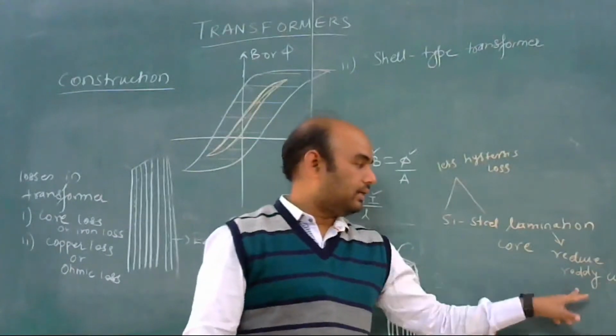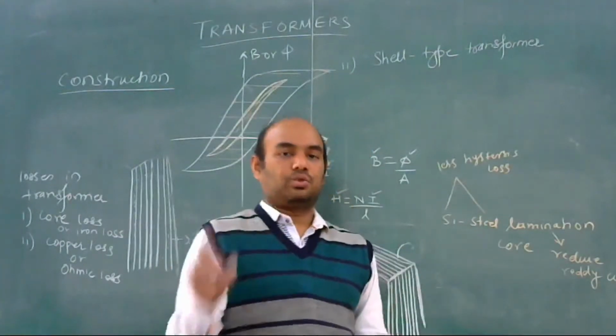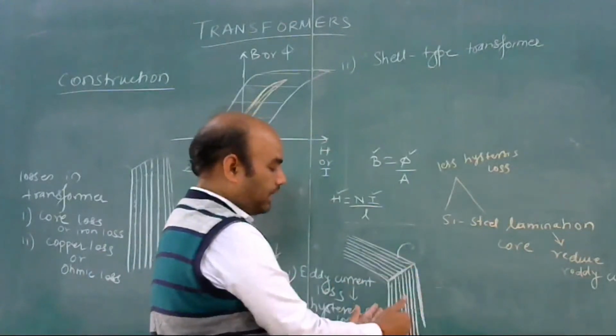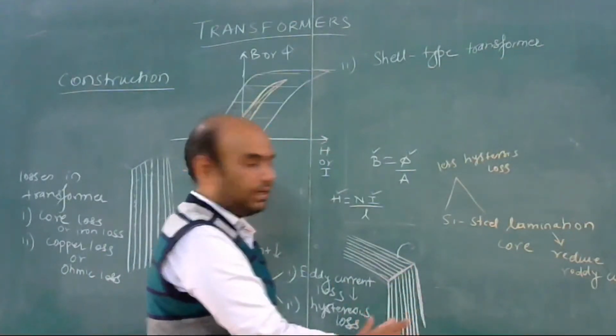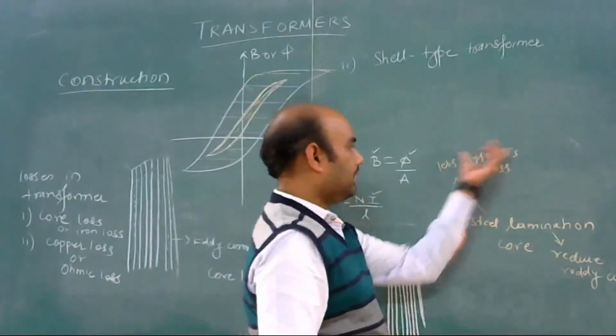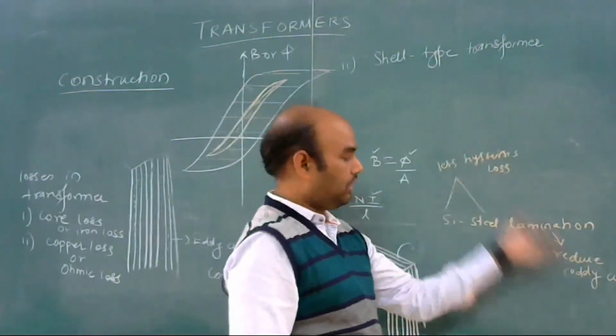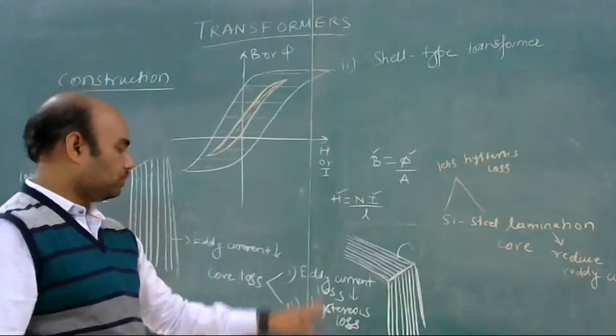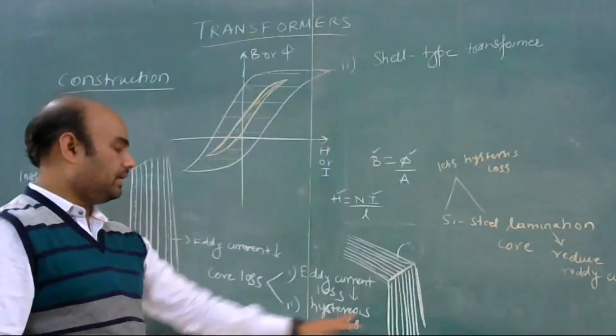Eddy current loss is circulating in nature, so we laminate this core so that the path for eddy current gets reduced, and silicon steel has less hysteresis loss. In this way we can reduce the core loss.